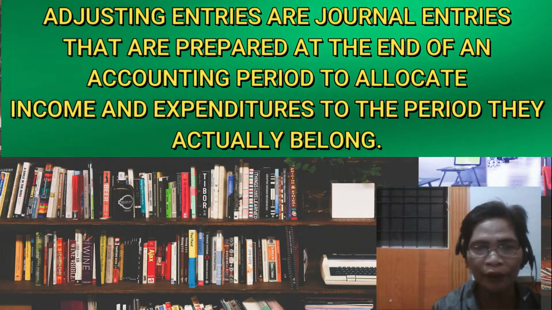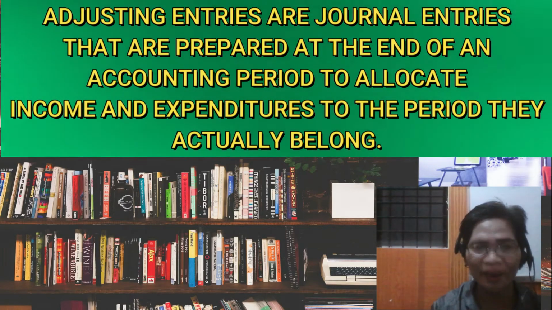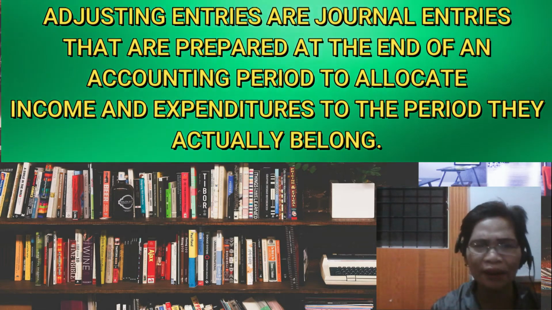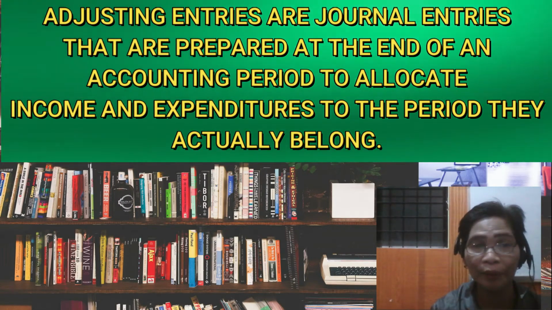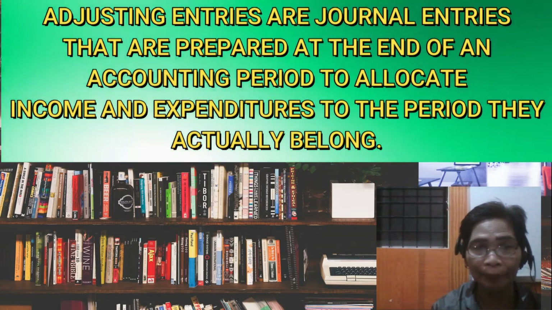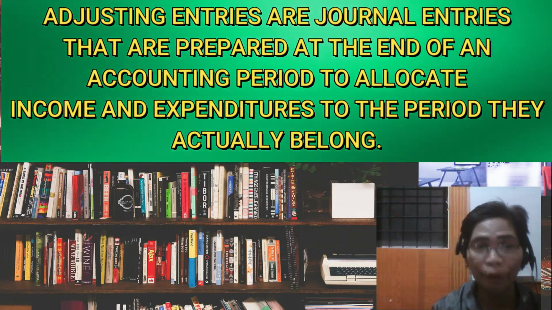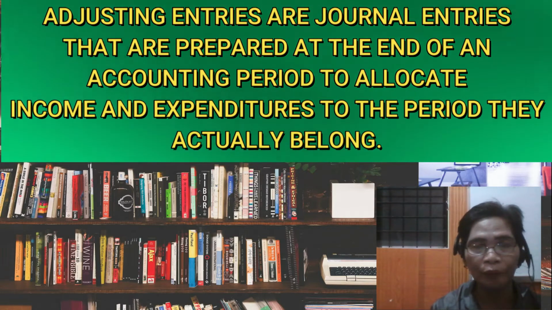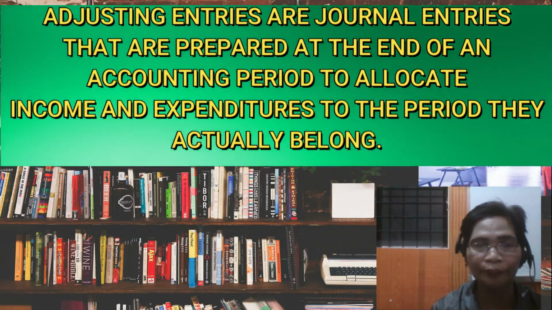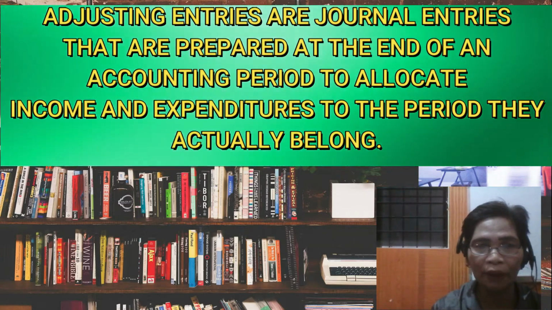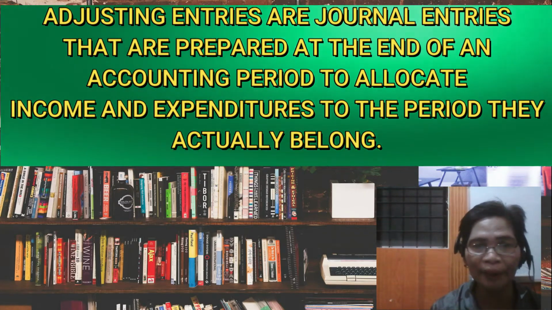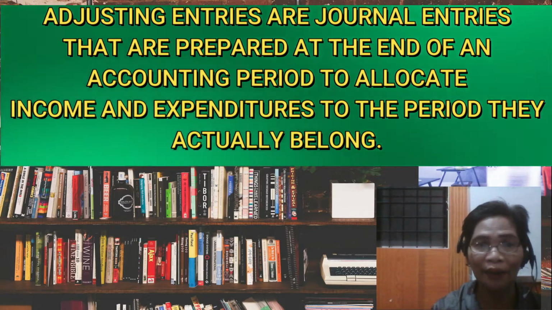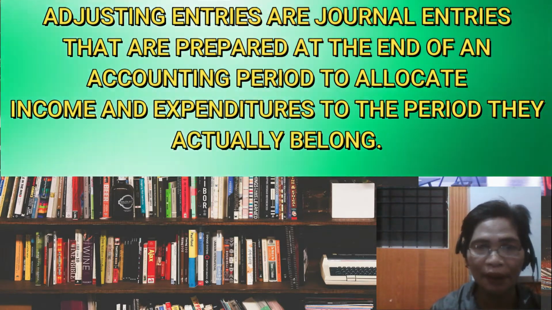Now, what are the reasons for allocating them? Is there any problem? Why is it not okay that these accounts are mixed with the present accounting year and the future accounting year? There is really a need to separate the income and expenses of the current year from the next year's income and expenses.